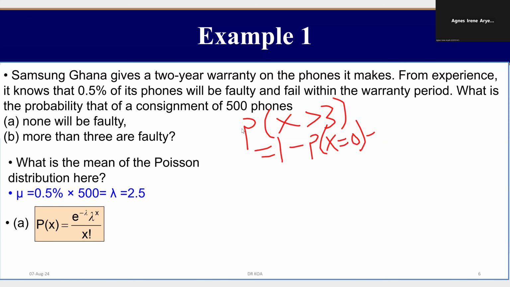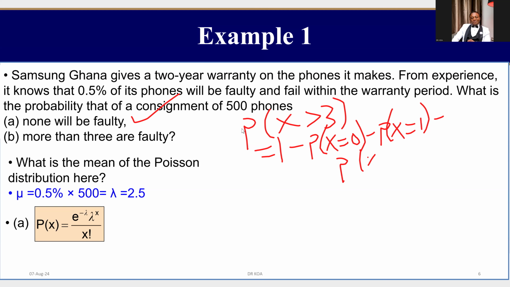So you calculate the probability that X equal to 0, which is what we have found already from this question. Probability that X is 1, you subtract all of these from 1. So you do probability that X is 2. Then you do the probability that X is 3.